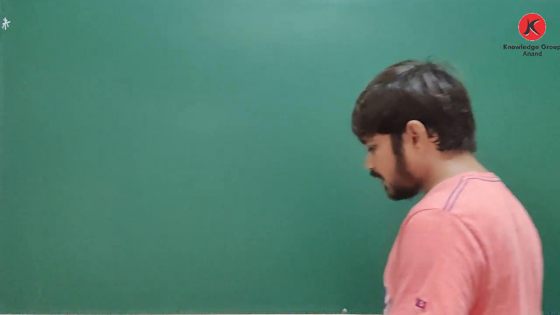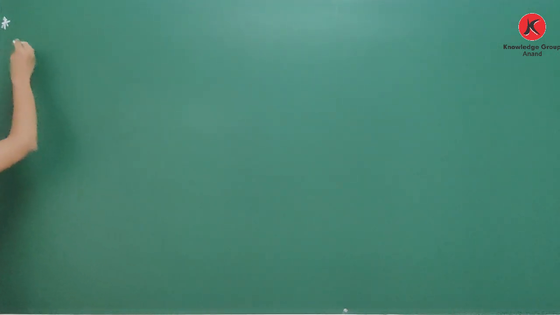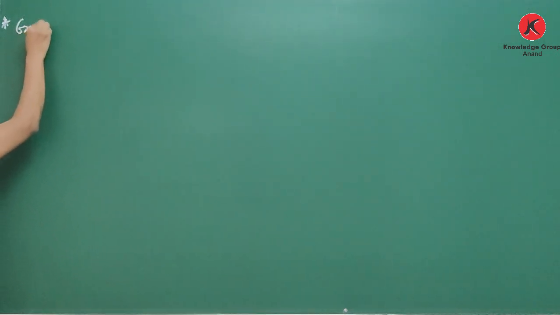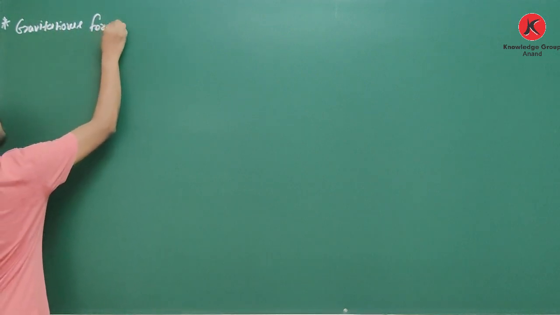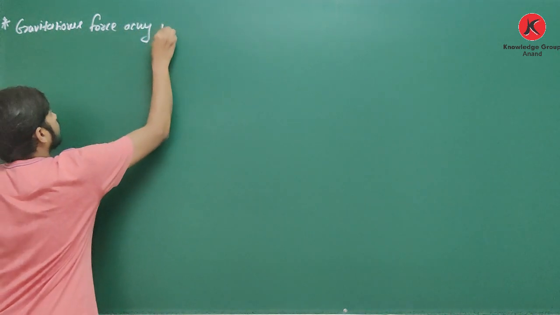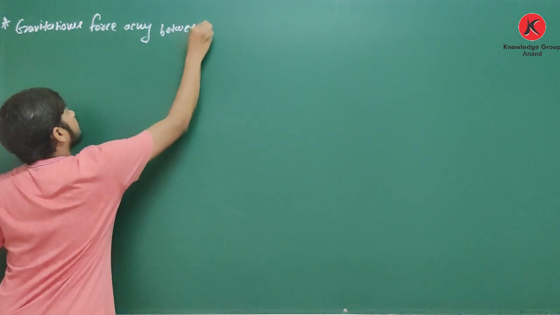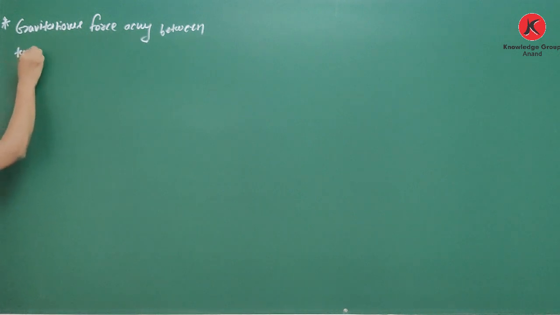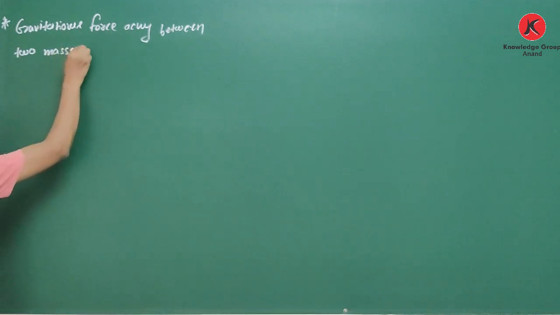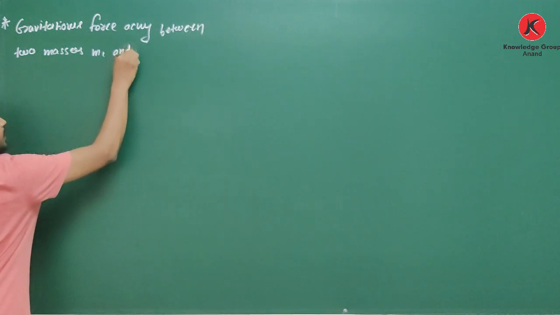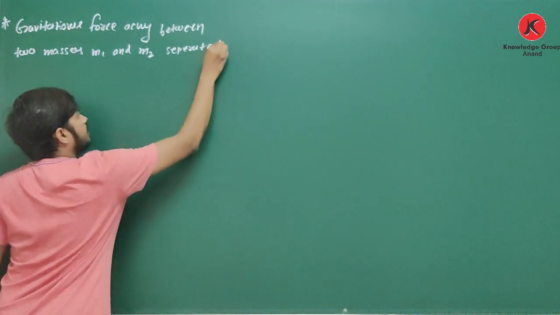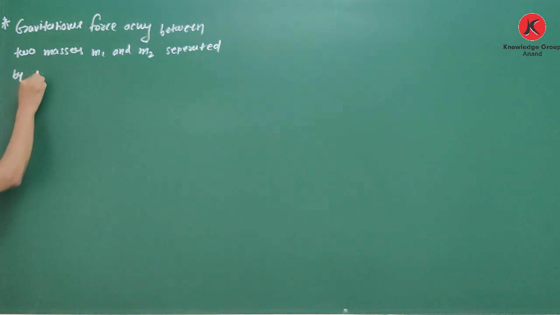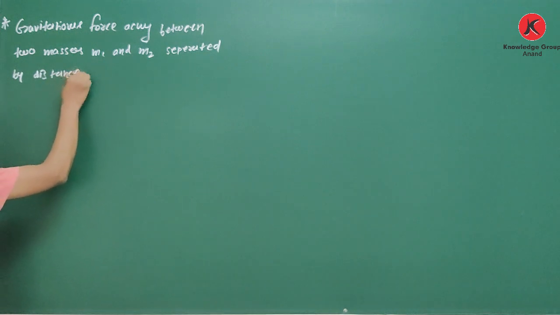Now we will see some questions. See, for example, if you are given a gravitational force acting between two masses M1 and M2 separated by distance r.